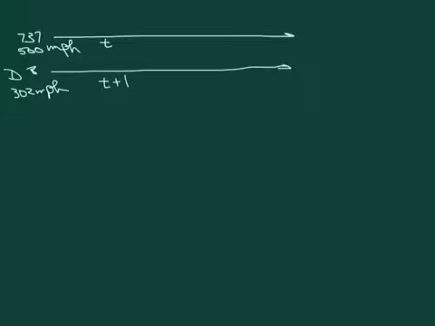If the Dash 8 started at 8 and this one started at 9, then the Dash 8 is going to be in the air an hour longer than the time on the 737. So this is t plus 1. We could have made this t and made this t minus 1 because it's in the air an hour less than this one, but I'd rather do the plus.